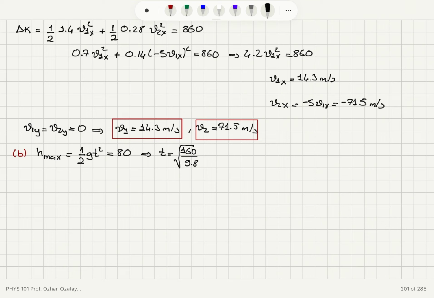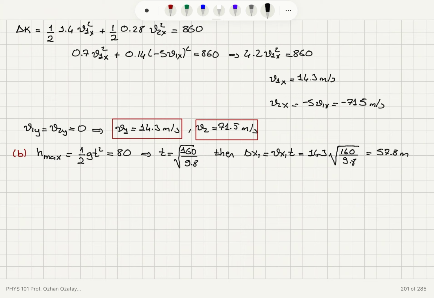Then I can calculate the distance traveled on the x-axis. Delta x1 is vx1 times t. It was 14.3 multiplied with the square root of 160 over 9.8.